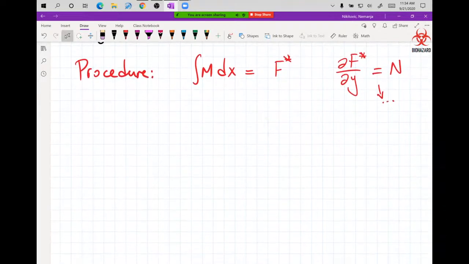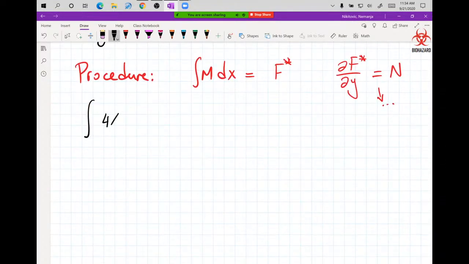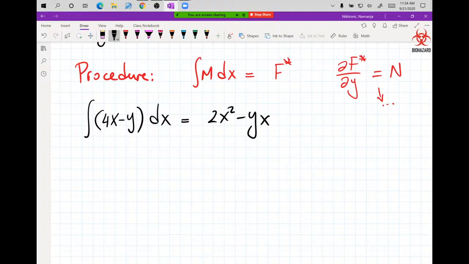So let's go. Integral. Now M was 4x minus y, and that's going to be integrated in respect to x. So that's going to be 2x squared minus yx.